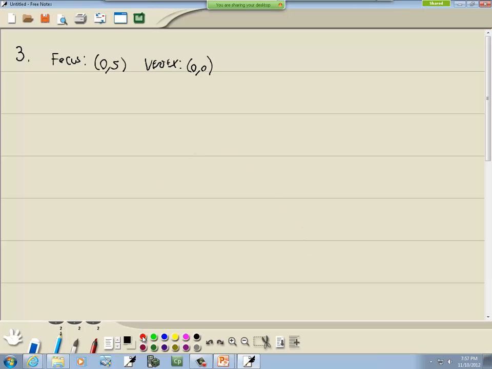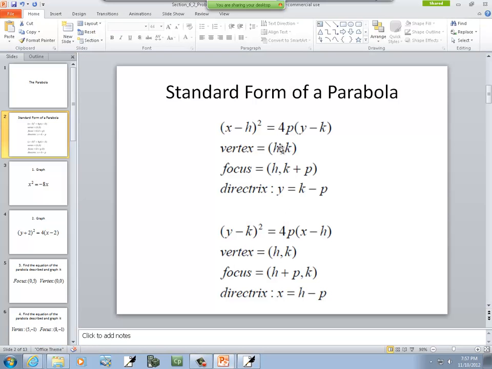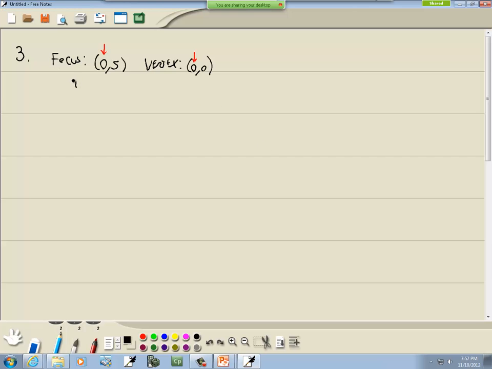Well, if I look at this here, I got the x part here and the x part here are the same. So if I come over here, I'm going to use this top formula because the x parts of the vertex and focus are the same. So top formula.